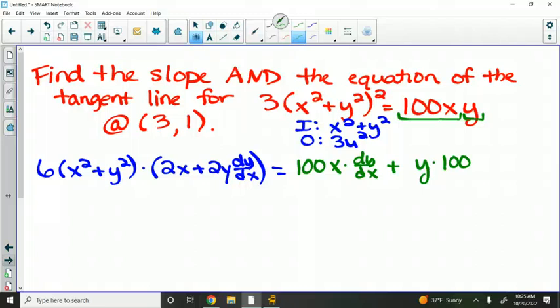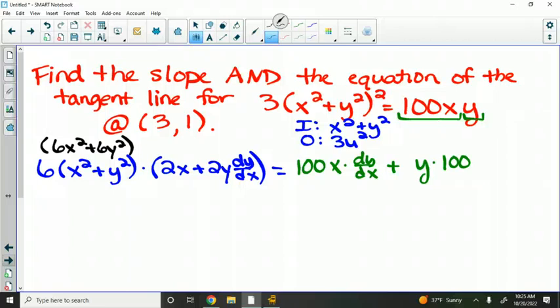Now, what I'm going to do is multiply my 6 through first, because then I don't have to worry about it later. So I'm going to think about this as 6x squared plus 6y squared. And I'm going to take this binomial times this binomial. So then my goal is I can get all separate terms. I don't want any multiplying binomials. I want them all separated.